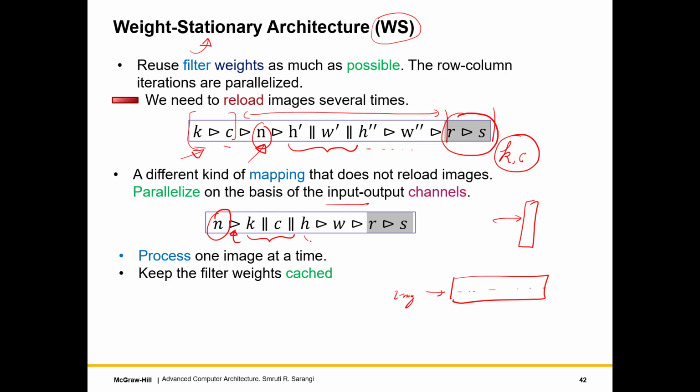Within each, we look at the pixels sequentially and the filter weights sequentially, and the filter weights are cached. Of course, we don't have the kind of reuse that we have here, but this is a more convenient way of doing the computation, where we process one image at a time, parallelize the input output feature map space, in the sense do all those computations in parallel. And once you are at a compute unit, you know your KC pair, then you just sequentially finish the 2D convolution.